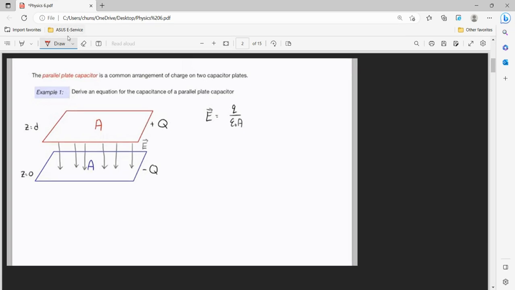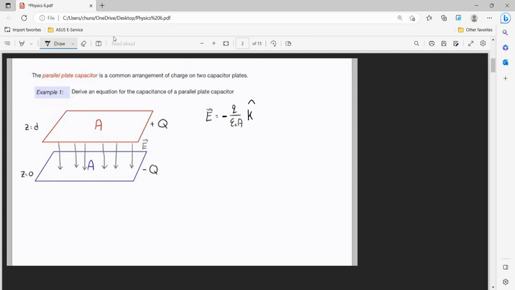From previous videos, we know that our electric field between two plates is given by charge over epsilon times the area of one plate. And we want to get this into our Cartesian form. We know that electric field points from positive to negative. Because it's pointing downwards in our z direction, we give it a k hat unit vector, and this is negative because it's pointing down.